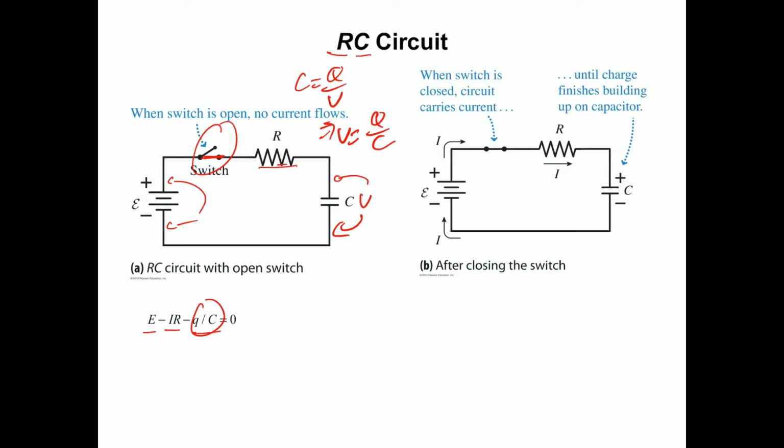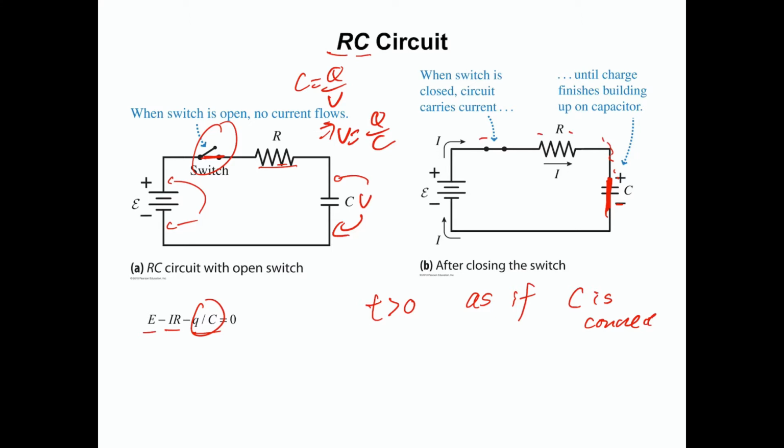At the moment when t is just bigger than 0, there's a big current, because there's one negative and one positive, driving the electrons through.